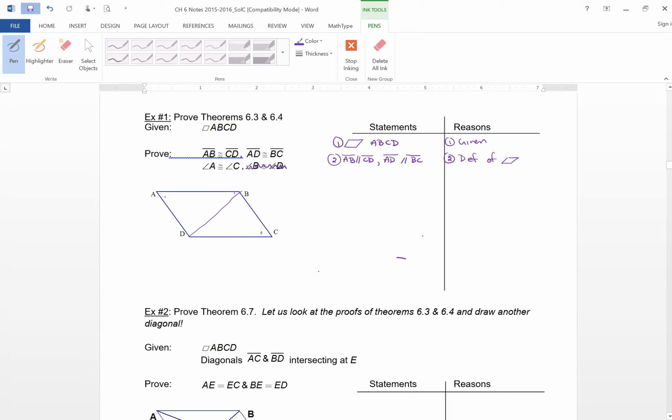If I prove that the two triangles are congruent, then I can prove everything else is congruent by CPCTC. What I said so far is that these two sides are parallel and these two sides are parallel. To prove triangle congruence, I now have to say BD is congruent to BD, reflexive.